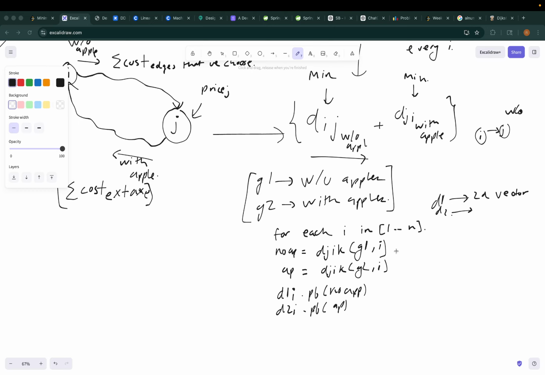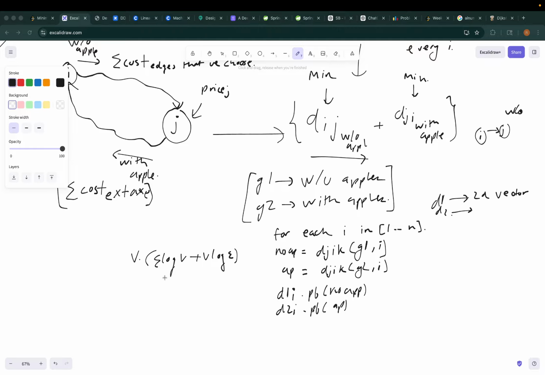Okay, so complexity wise, Dijkstra on G1, which is given to us, is E log V, and you do it for n vertices, so that's V times something like this.